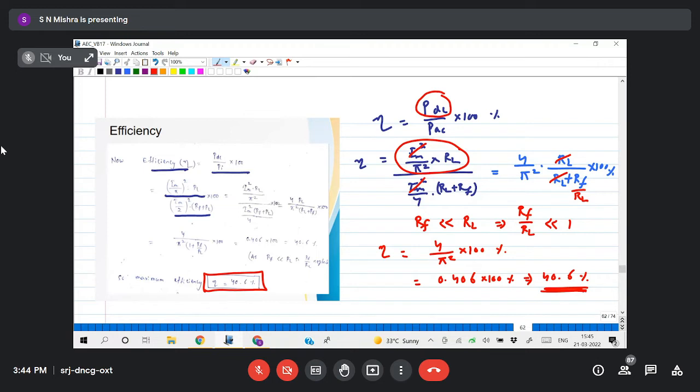Now let us look at another parameter, which is called ripple factor. Ripple factor means the AC component which is present in my output DC. Using a rectifier, I want pure DC, but during this conversion we are not getting pure DC; we are getting pulsating DC in which some AC component is still there.